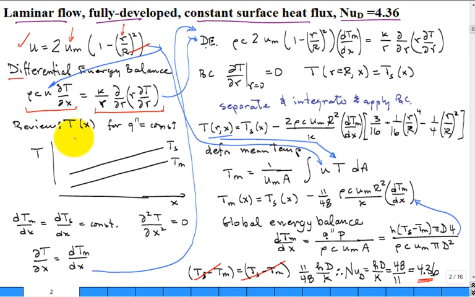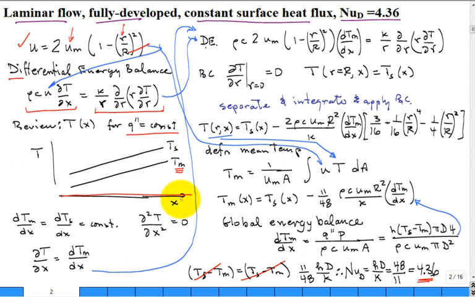If it's fully developed and you have constant wall heat flux, what does the mean temperature do as I go further and further down the pipe? Linearly increases. Why is it a straight line? Because it's constant heat flux, and for every little distance traveled, there's more heat coming in, and when heat comes in, it's realized by an increase in temperature from an energy balance.